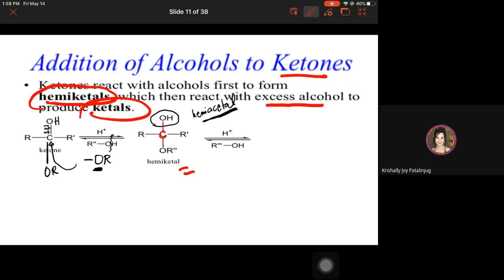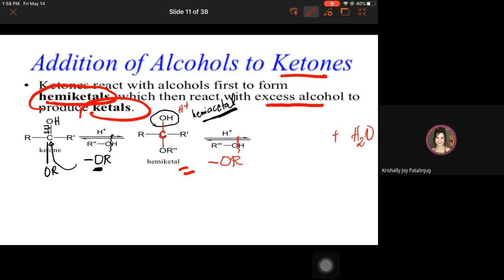Again, the nucleophile that will be produced from this alcohol is the OR group. What will happen? Protonated ang OH group. Kung ma-protonate na siya, it will be lost in the system in a form of water.